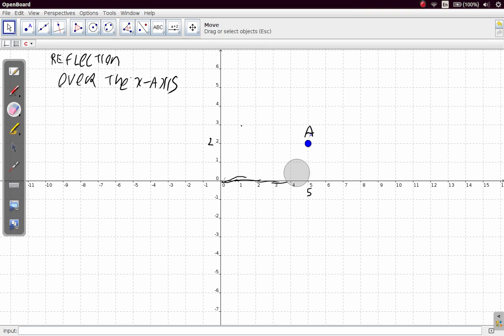Now, when you reflect this over the x-axis, it will come over here. You flip it right over. So the distance up to A will be the same distance down. Now A will be reflected onto a new location we'll call A prime.